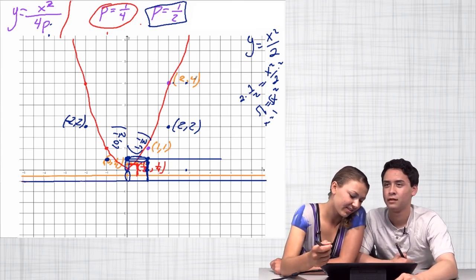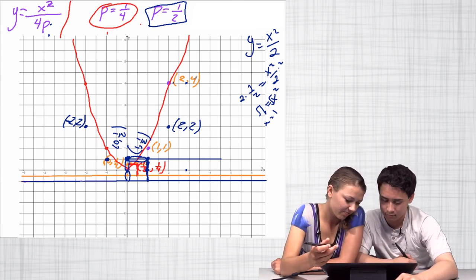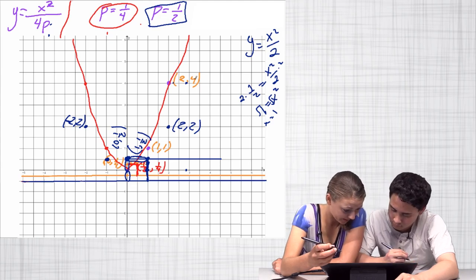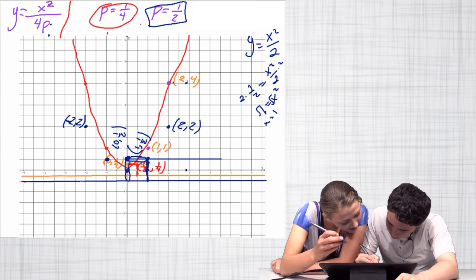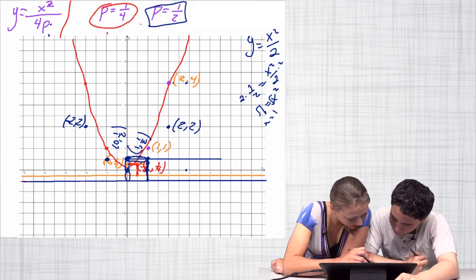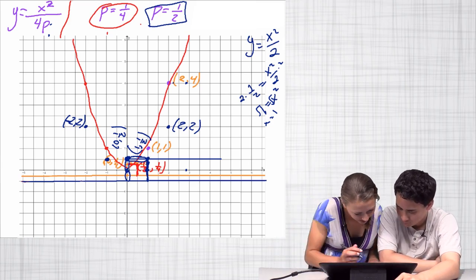Why don't you sketch in the parabola and label that point? Where is the origin? Right there. Do you want me to do it? Yeah.